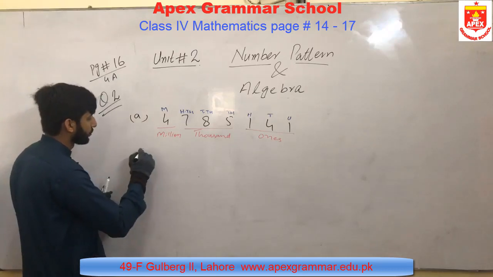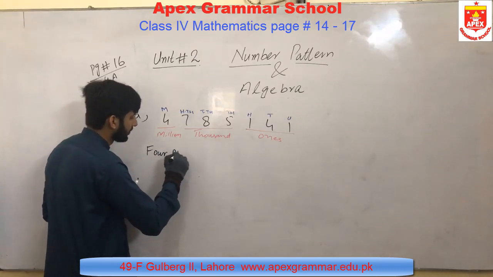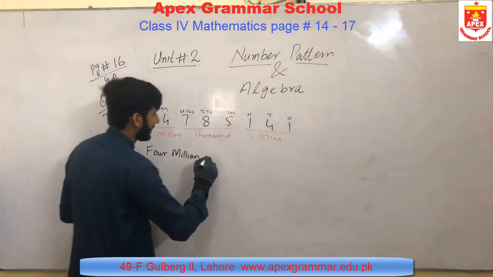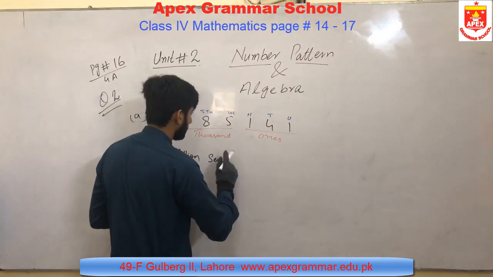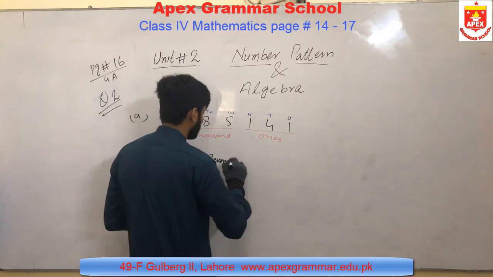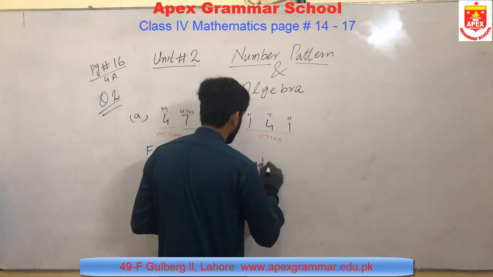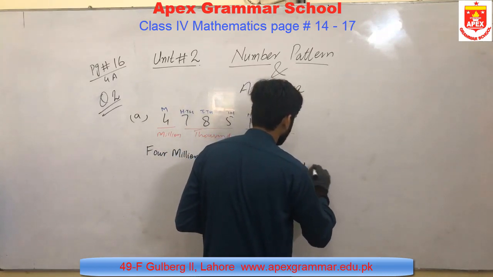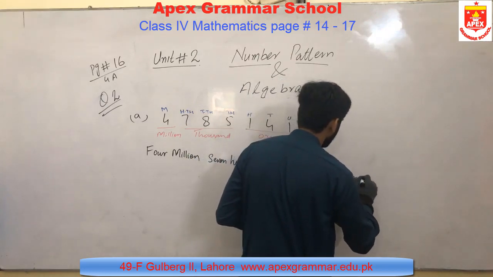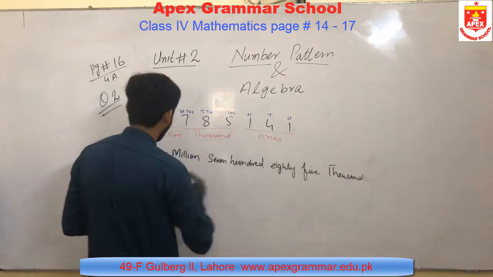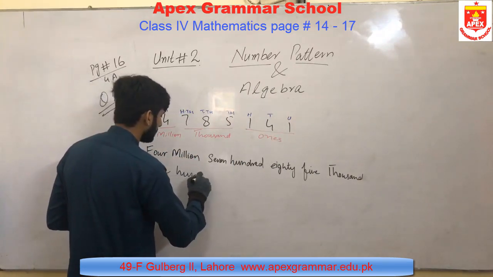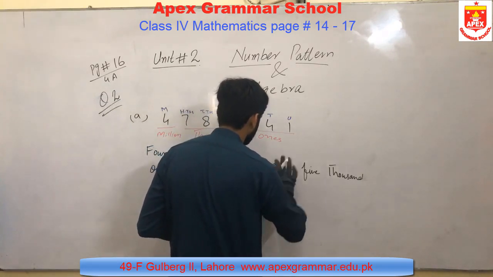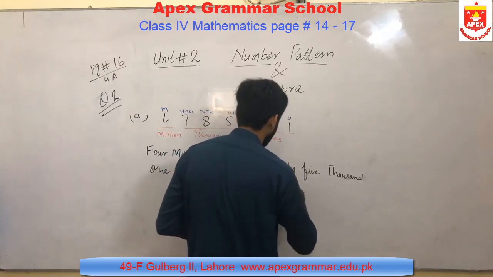Under million it's 4, so 4 million. Then the thousand section, 785: 700, 85,000, 1,000, then 141: 100 and 41.